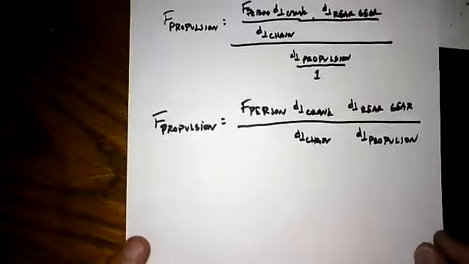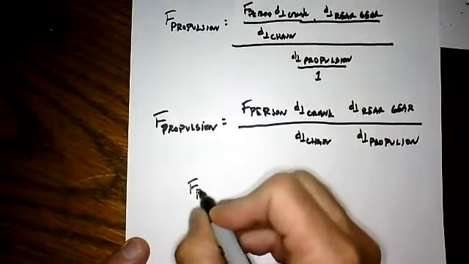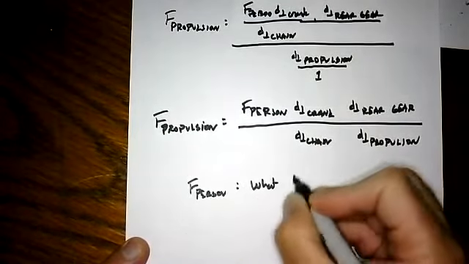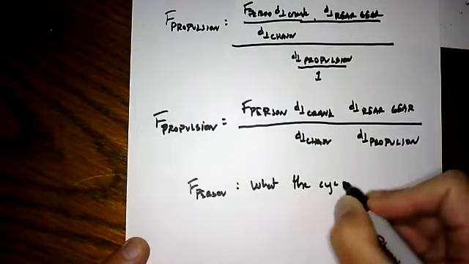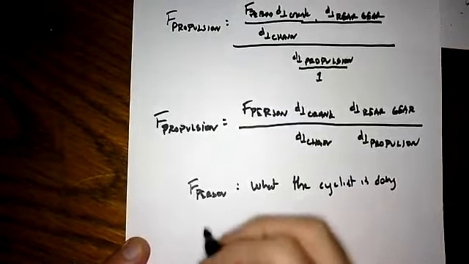Let me just make sure we're all on the same page with these parameters. F person is what the cyclist is doing, pushing on the pedal.